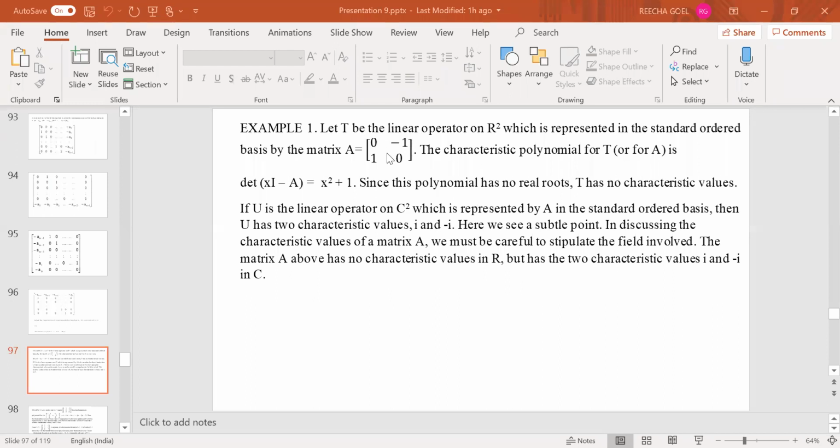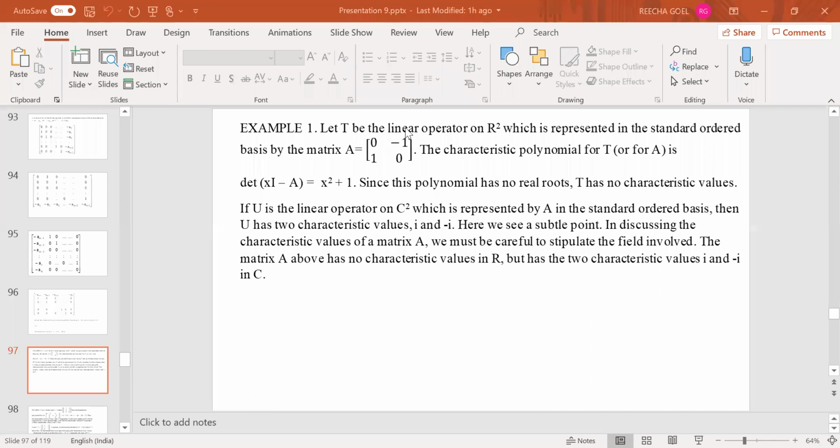Now, if I look at the characteristic polynomial of this, either A or the operator T, it is nothing but x square plus 1. If I concentrate on R, it doesn't possess any root in R. So the characteristic polynomial in this case doesn't have any root in R.